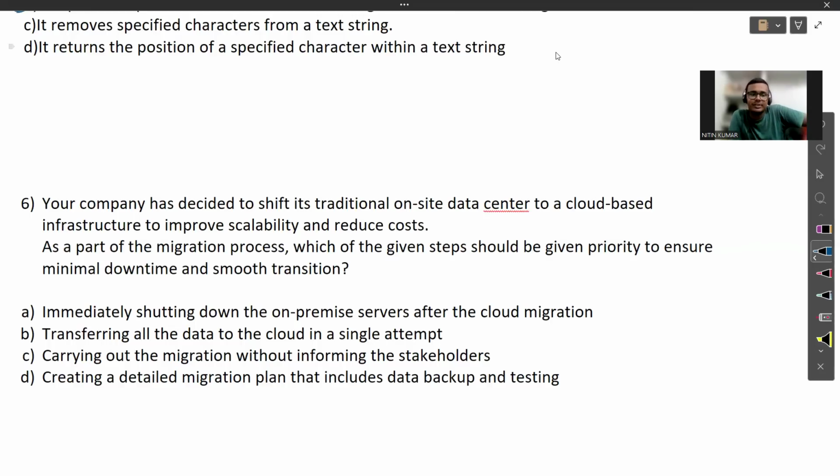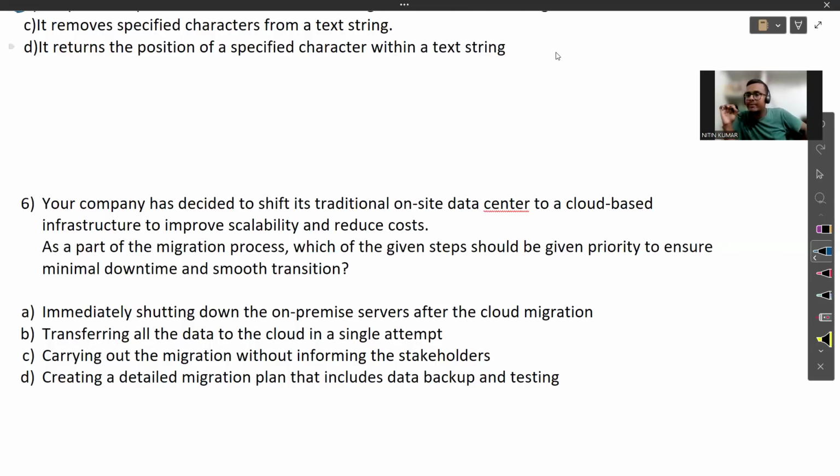Now the problem arises that as part of the migration process team, you would help to migrate the data from the traditional system to the cloud-based system. Now, which steps should be given priority? We have to keep in mind the points that prioritize ensuring minimal downtime and a smooth transition.